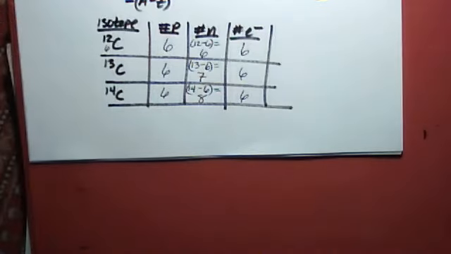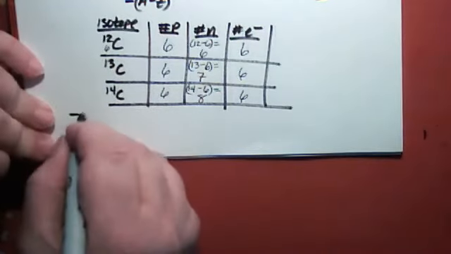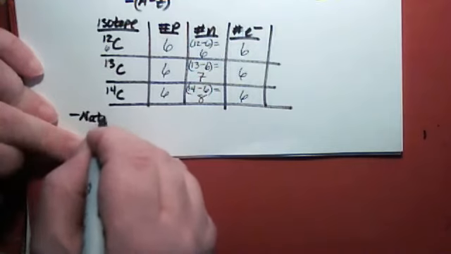There is what's known as natural abundance for elements, for isotopes of elements.